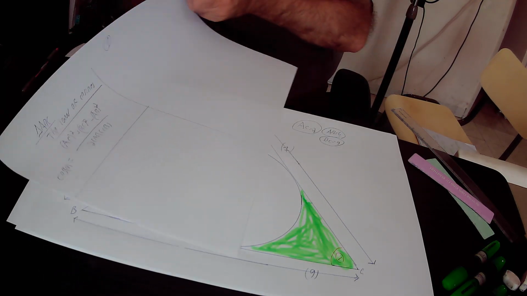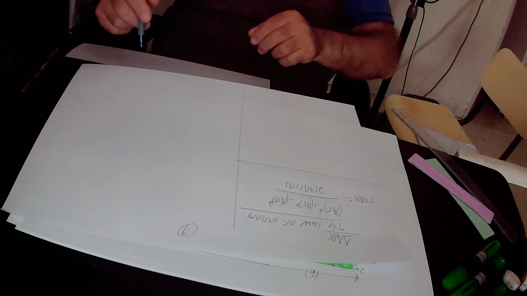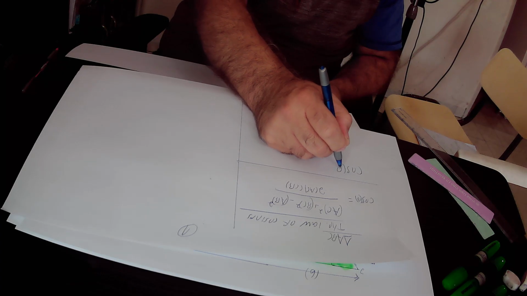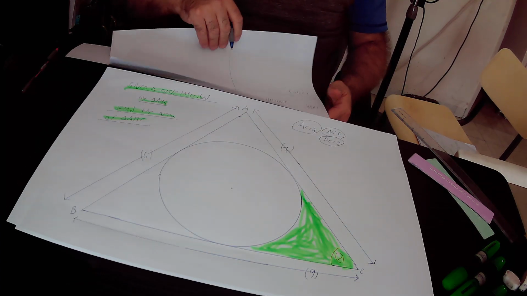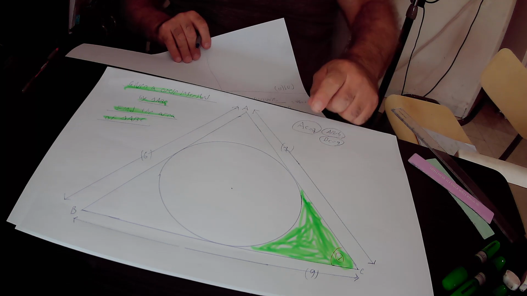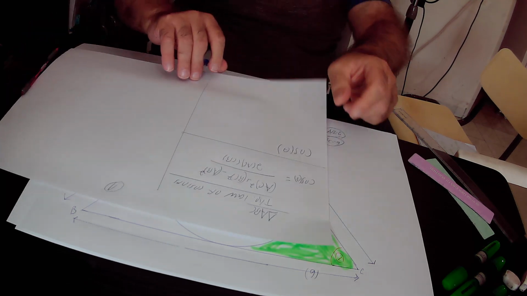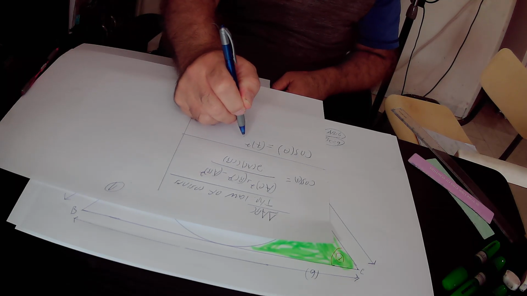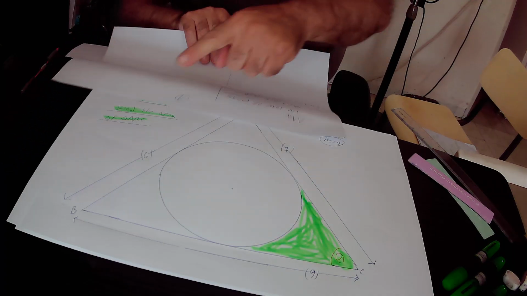So cosine theta equals AC squared. AC is 7, therefore AC squared is 7 squared, plus BC squared.